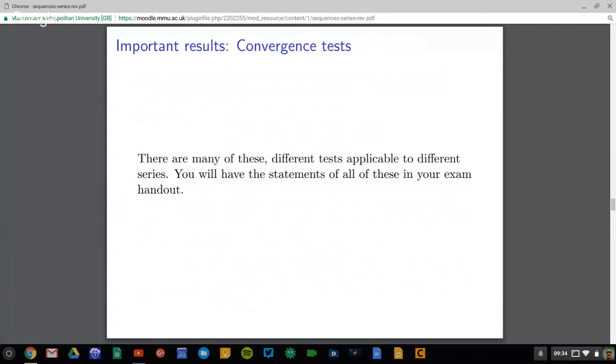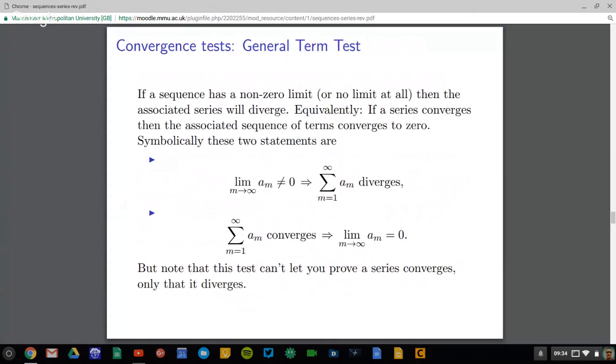Okay, so we have a big collection of convergence tests for series. The very first one, which goes back to my remarks about the harmonic series, is the general term test. It confirms the intuition we have: if the terms of your series are not converging to 0, if the step size that you add on to each partial sum to get the next partial sum is not converging to 0, then the series cannot be convergent.